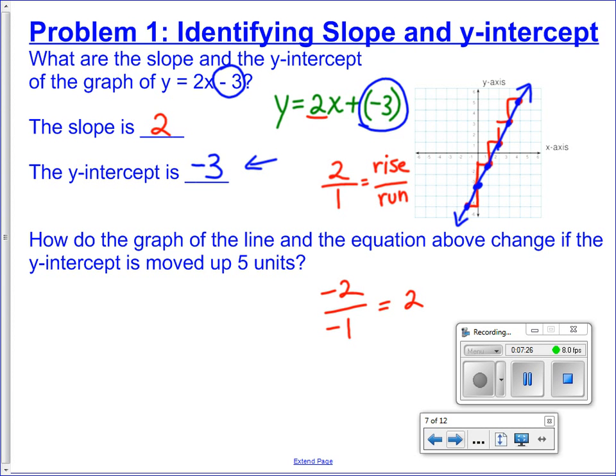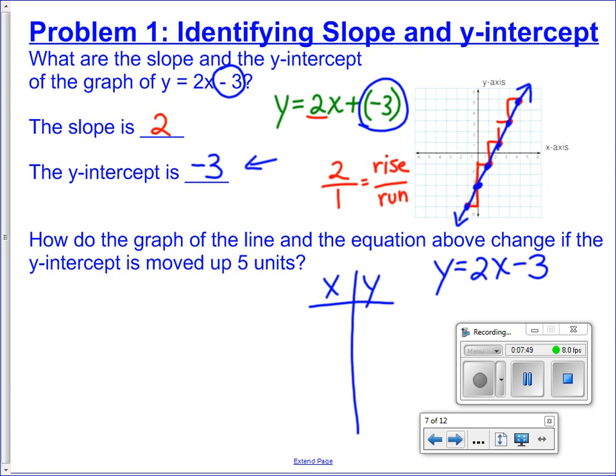Now, the really cool thing about the slope-intercept form is the fact that we've graphed the line without making a table. But real quickly, I want to show you why it works. If I were to make a table for y equals, and I'm going to write it again down here, y equals 2x minus 3.